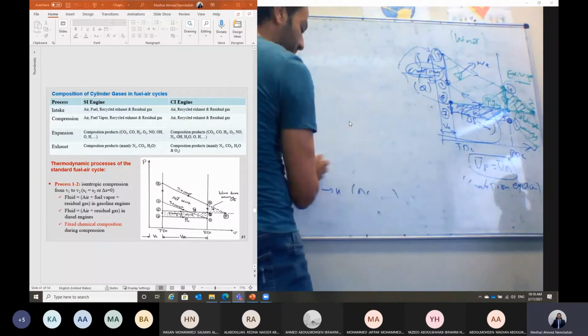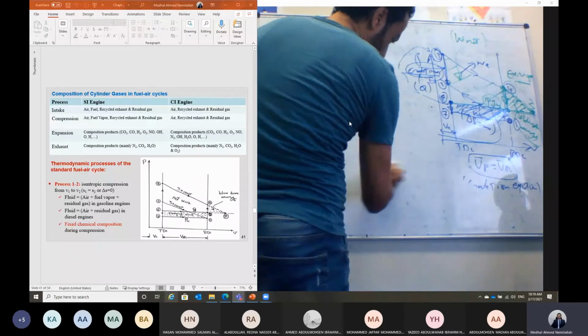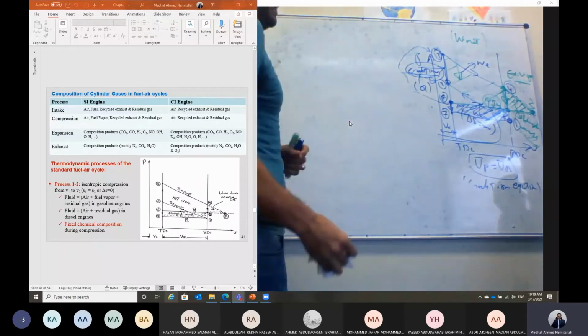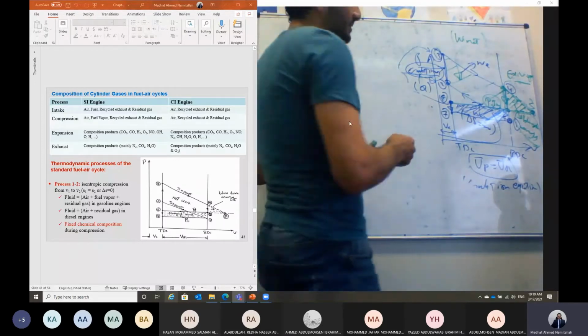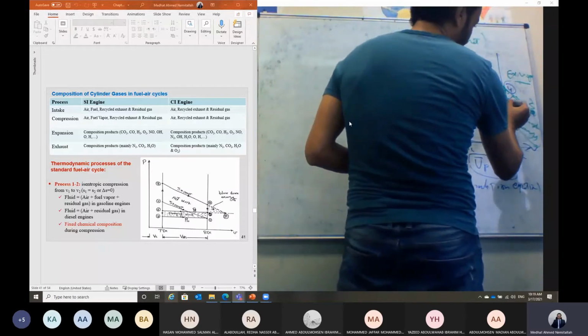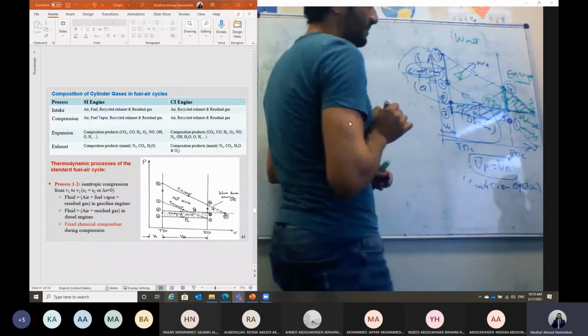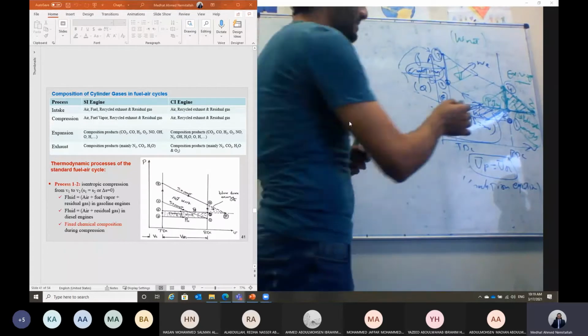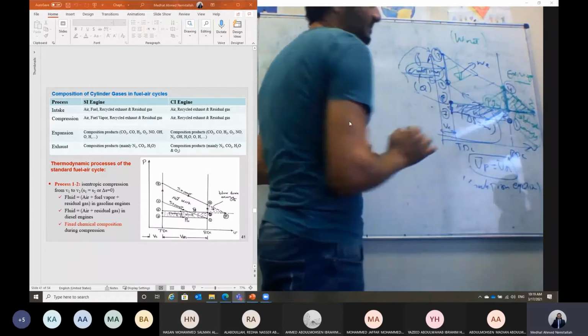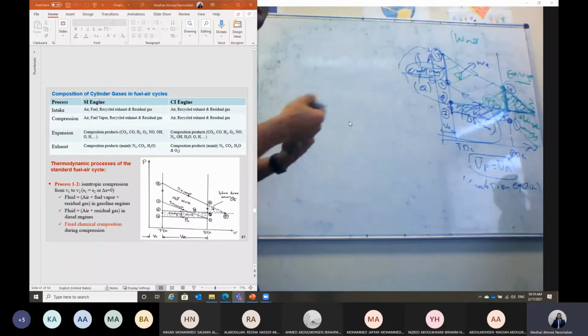This compressor, in case of a turbocharger, is driven by a turbine. And this turbine takes the blowdown energy, the energy of the exhaust gases, until the pressure approaches atmospheric. This energy will be utilized by the turbine, and the turbine will be driving the compressor.